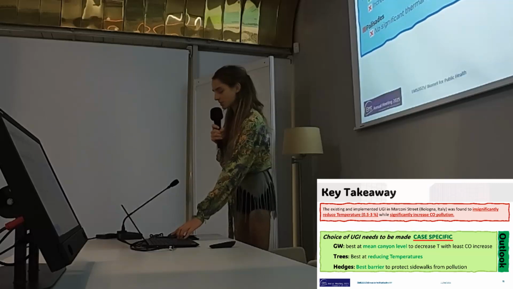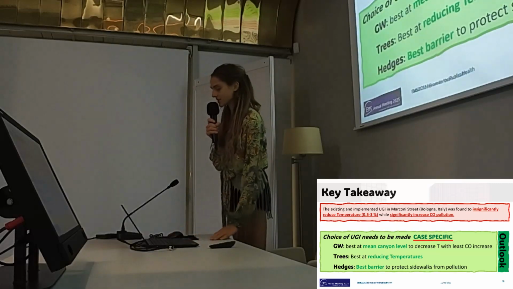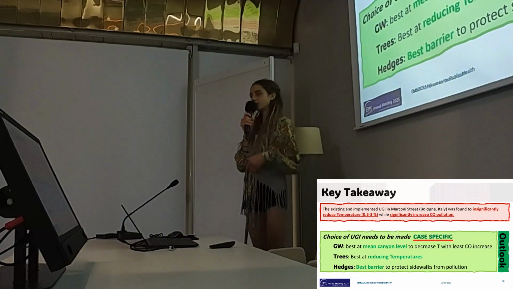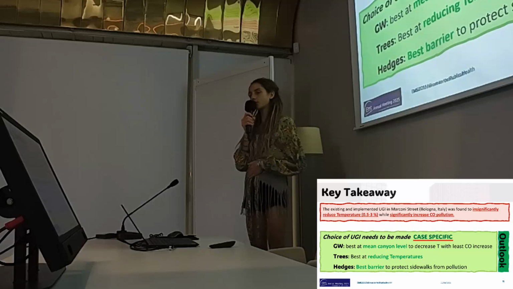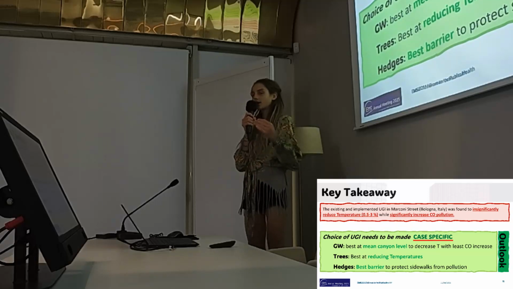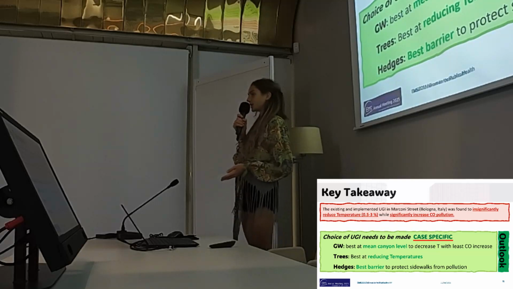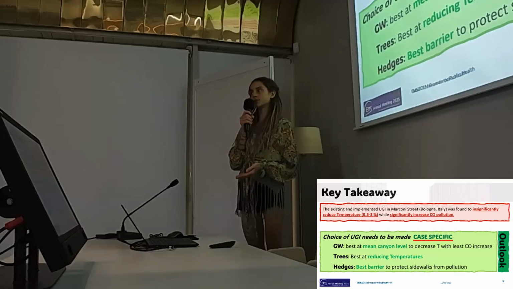And this also brings me to my key takeaway message: that these existing and implemented urban green infrastructures in Marconi and Bologna were found to insignificantly reduce the temperatures while significantly increasing carbon monoxide pollution levels.